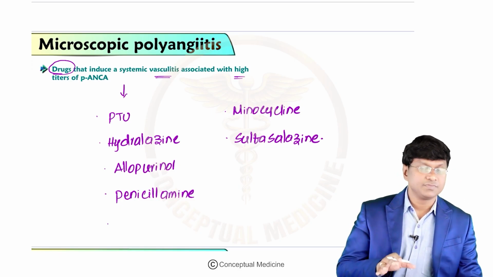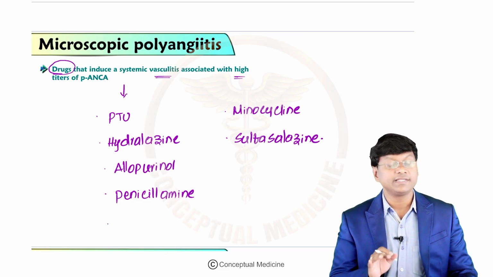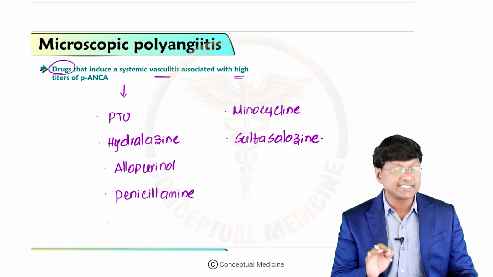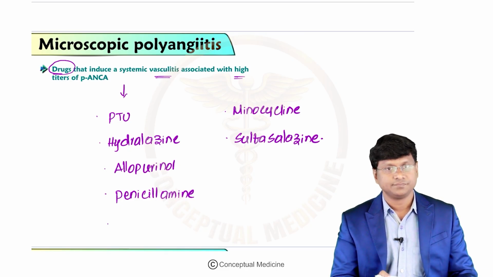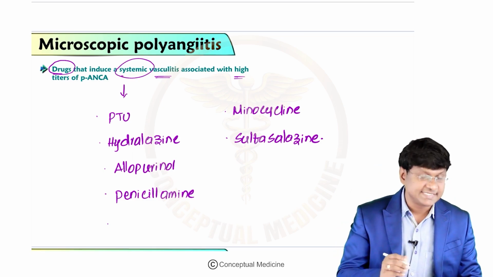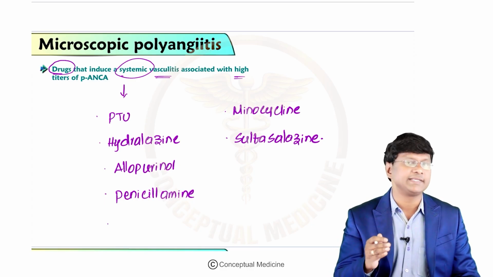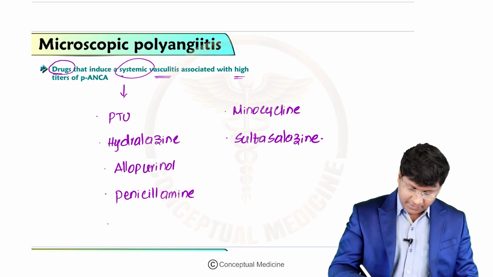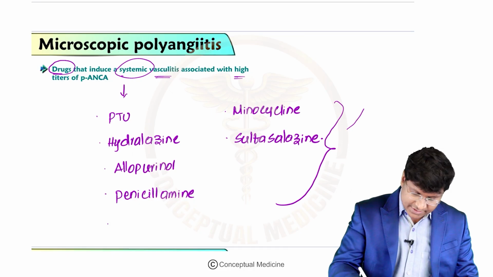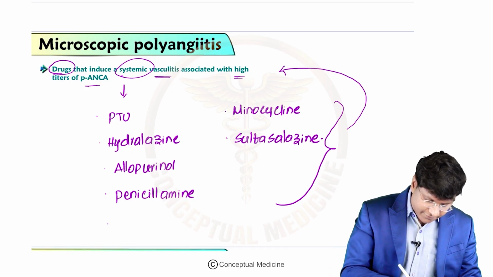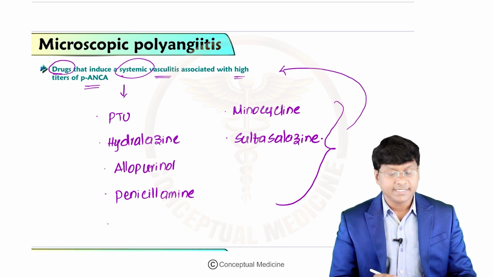So please remember, these medications induce a systemic vasculitis associated with high titers of p-ANCA.